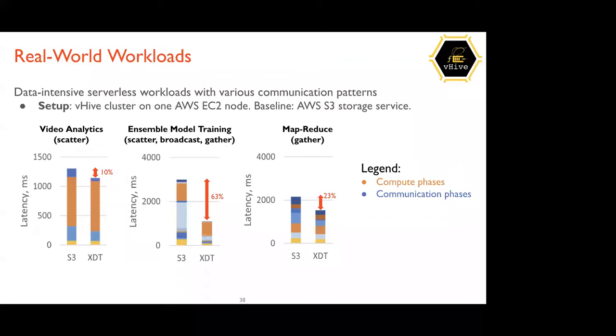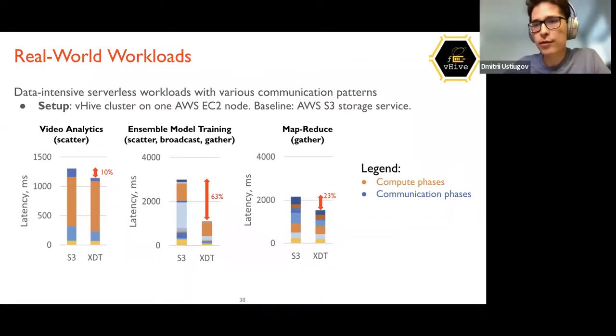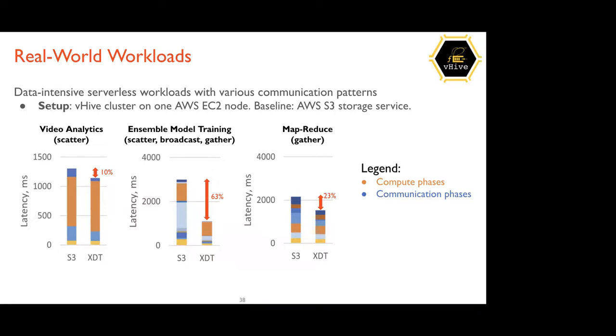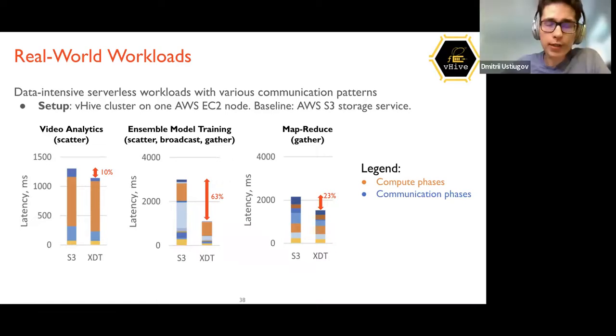We evaluate XDT using three real-world, data-intensive applications, each of which features different communication patterns like scatter, broadcast, and gather, namely video analytics, ensemble model training, and MapReduce. Here I plot the latency breakdown for a single request going through each of these workflows.